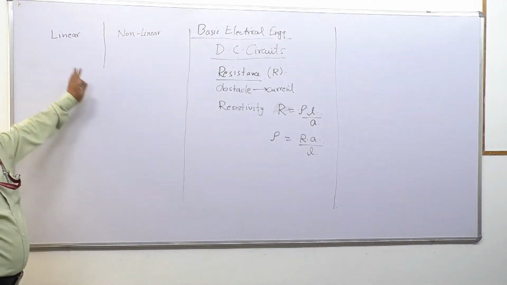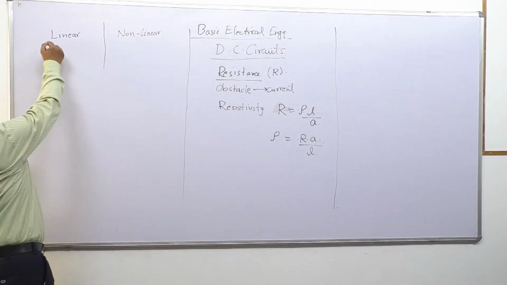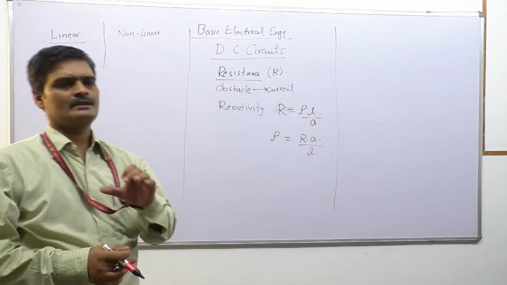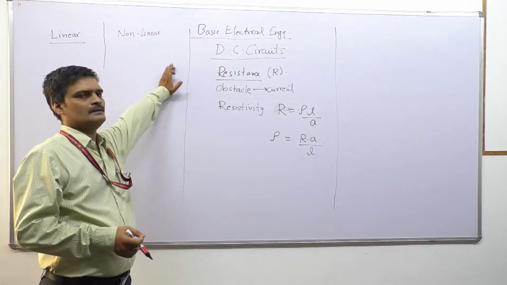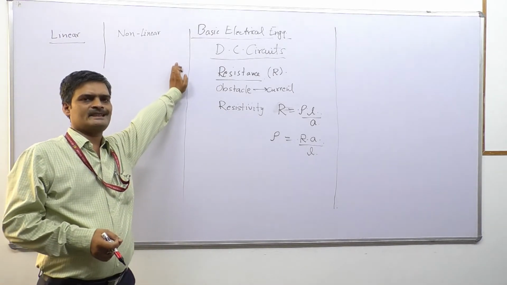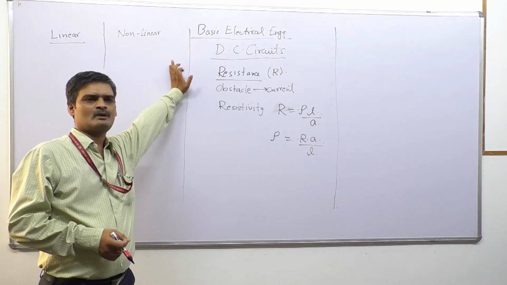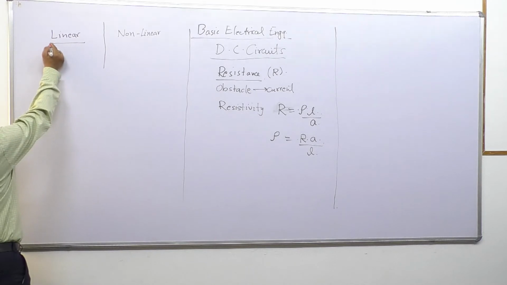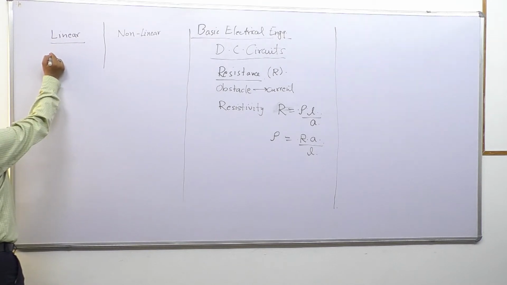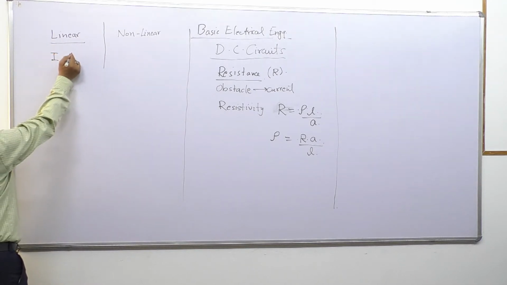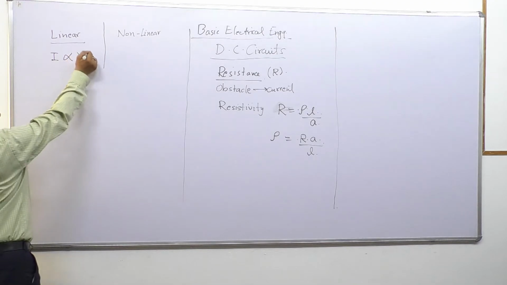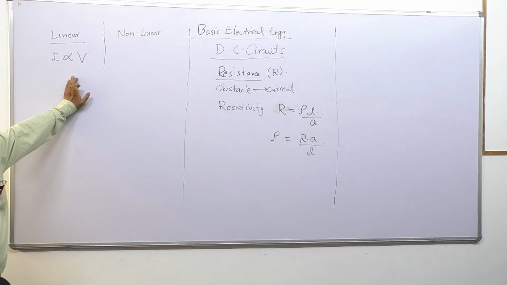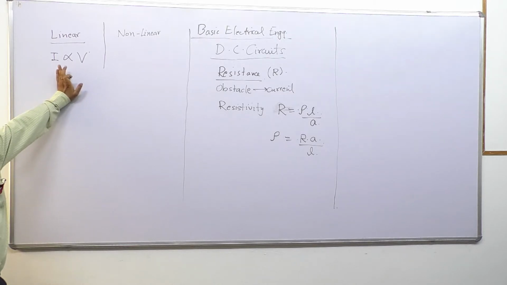So what are linear elements? The linear elements are those elements in which the relationship between voltage and current is in the form of a straight line. So in those elements in which current and voltage are directly proportional to each other, such elements are said to be linear elements.